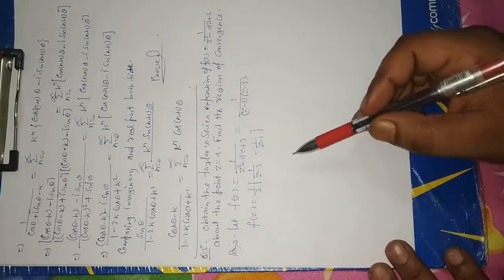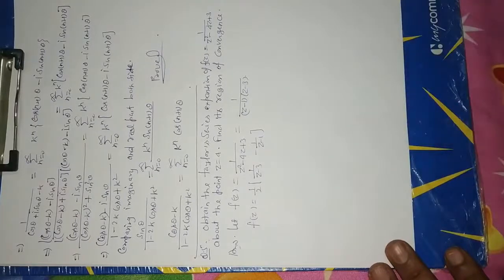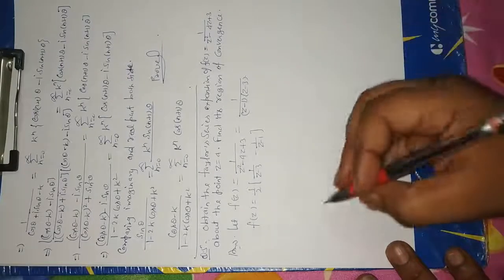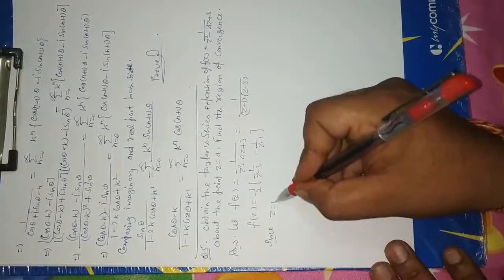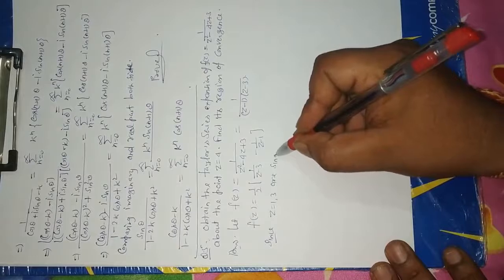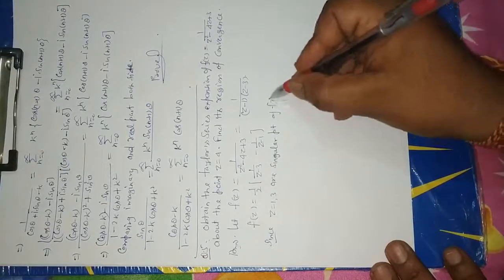Therefore z equal to 1, comma z equal to 3. There are two singularities of the function. z equal to 1, 3 are singular points of f(z).